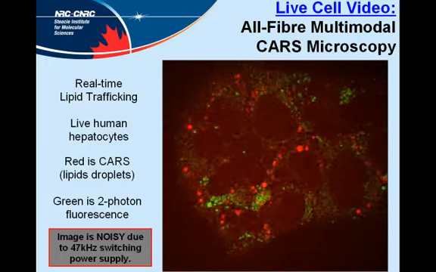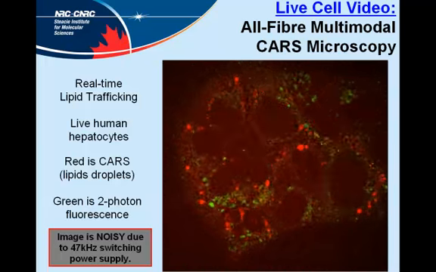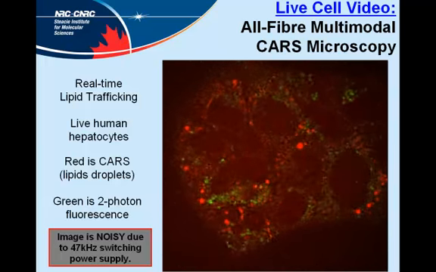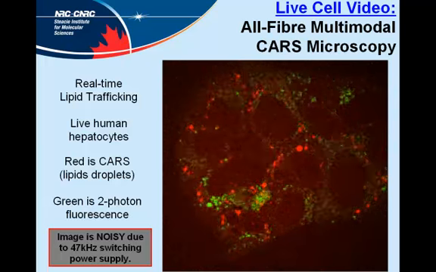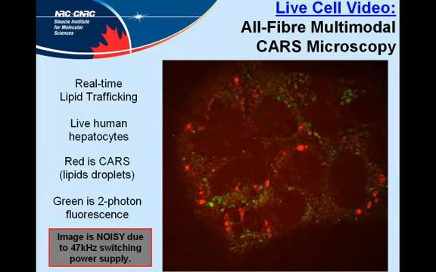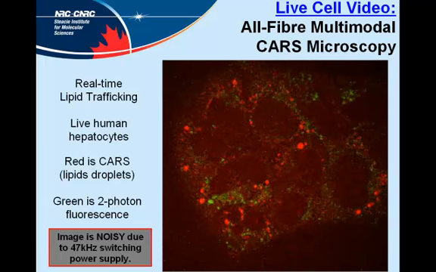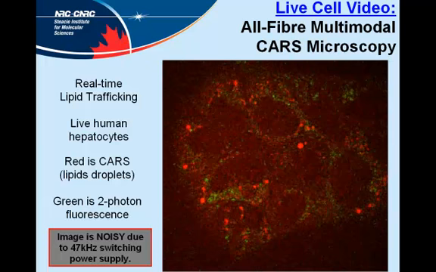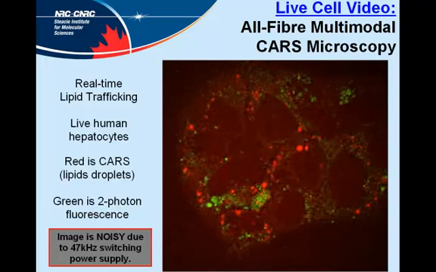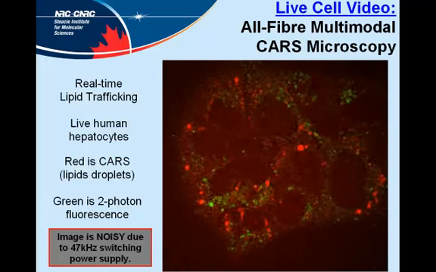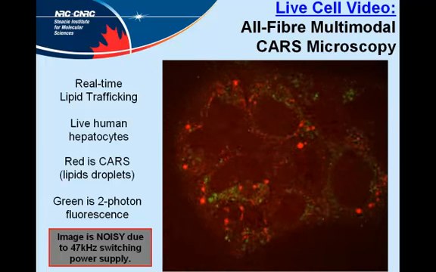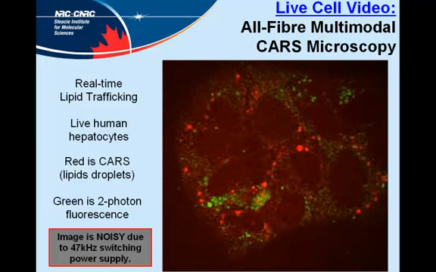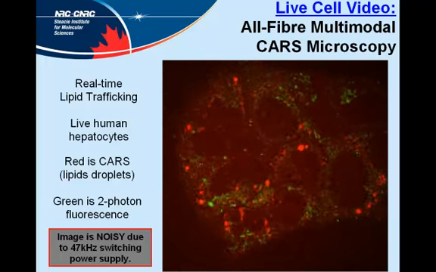And they said, "Uh-oh." And it turns out it was their switching power supply. So they could fix that almost right away, but unfortunately not in time for a publication. But nevertheless, if you remove that 47 kilohertz noise, this actually is a pretty good imaging system. So I'm fully confident that CARS microscopy and other kinds of Raman microscopies are going to be done all with fiber lasers in the future.